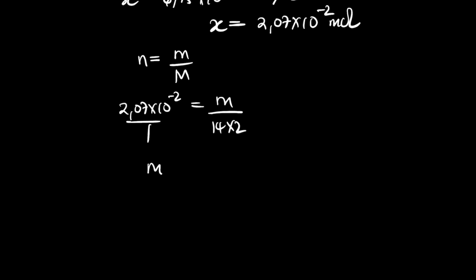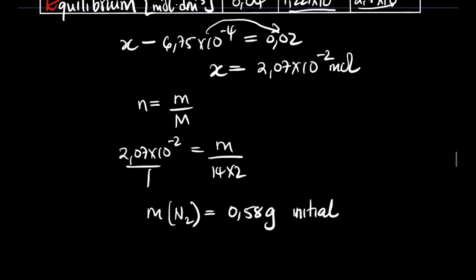And then we cross multiply. The mass of nitrogen, if you punch that in the calculator, is going to be 0.58 gram. It's the mass of nitrogen, which is the initial. This number of moles is initial. I hope that makes sense, guys. Cheers. Bye.